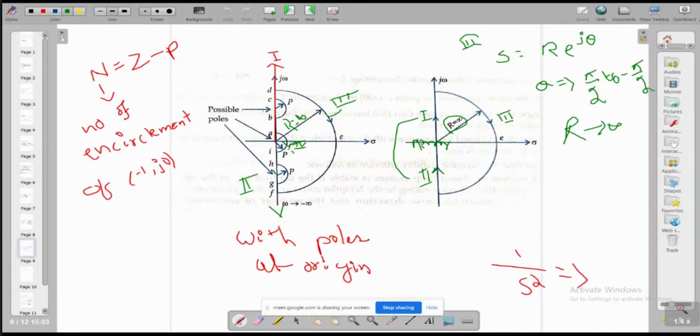Path number 4 will be absent because path number 4 will only appear if the transfer function has poles at origin. Write it down. Simply draw it here, path number 4.